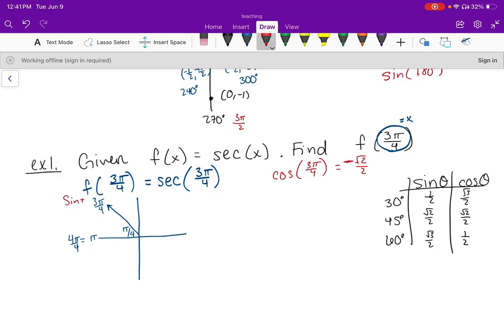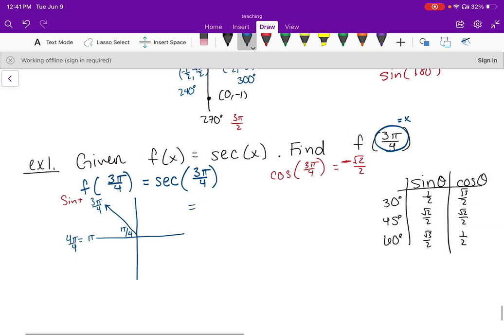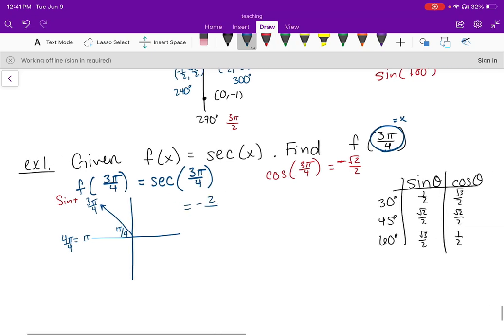So the secant would just be the flip of cosine, the reciprocal of it. So that would be negative 2 over root 2, which simplifies to negative root 2 if you rationalize. So that would be the answer to this problem.